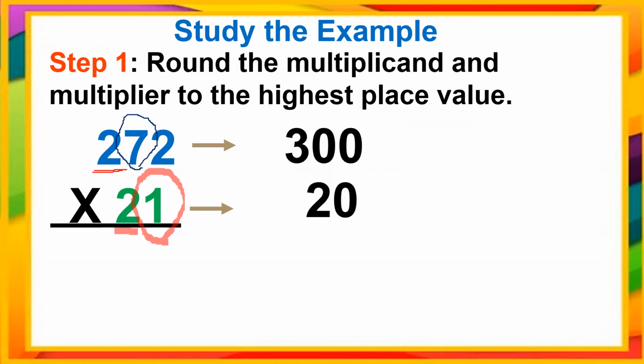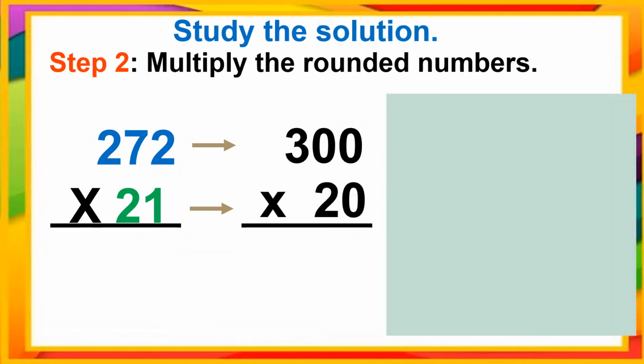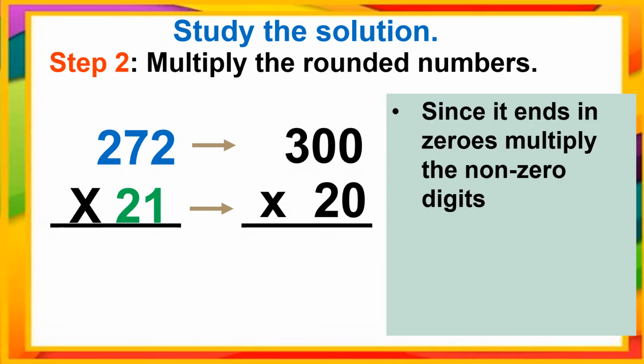So what will be the next step that we're going to do? We're going to multiply the rounded numbers. Since it ends in zeros, we're going to multiply the non-zero digits. And what are the non-zero digits here? We have 3 and 2. If we multiply 2 and 3, the product is equal to 6.